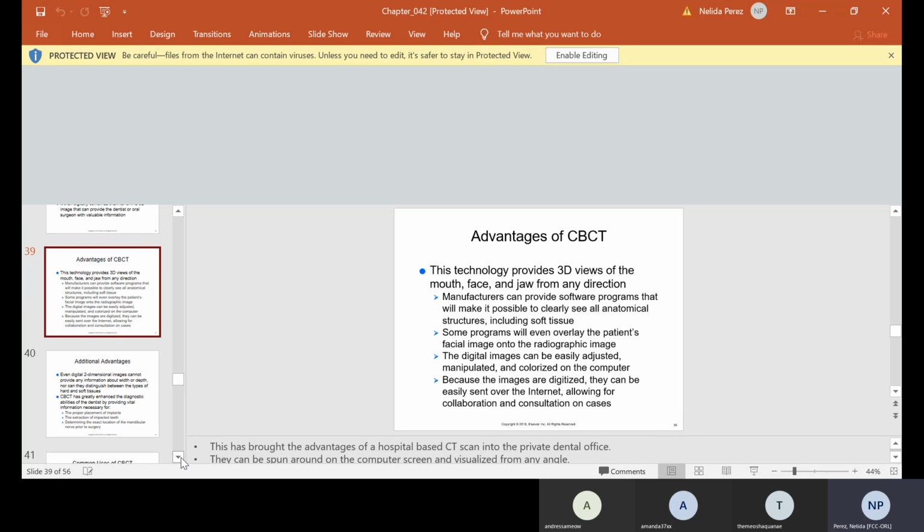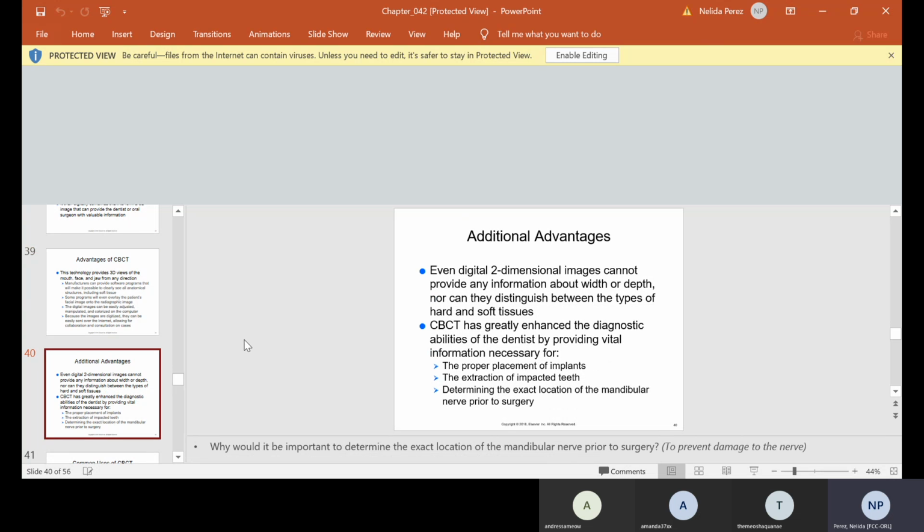And because the images are digitized, they can be easily sent over the internet, allowing for collaboration and consultation on cases. So again, if we send the patient to the oral surgeon, we can just ask the oral surgeon to send it to us via email. We can send it to the insurance. We can send it to other dentists. We can get it from the hospital if the hospital takes it there.